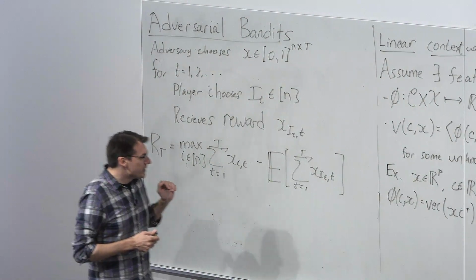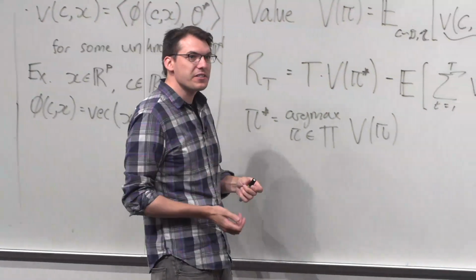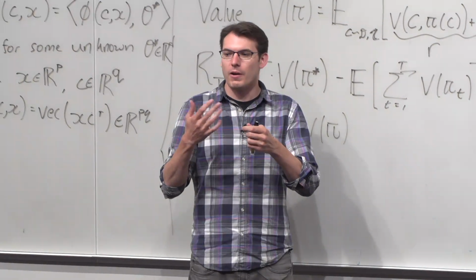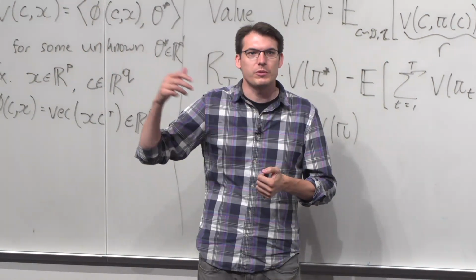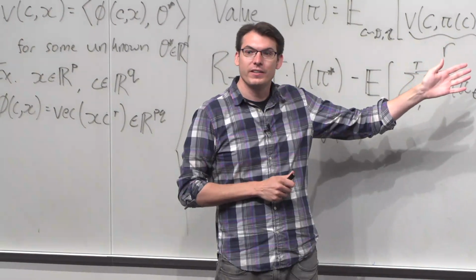The difference here, of course, is that in stochastic bandits, if I played an arm now, I get the same reward if I played it in the future, an IID response. Now, we actually have this same exact issue as we had here.